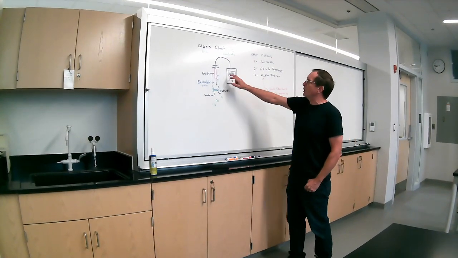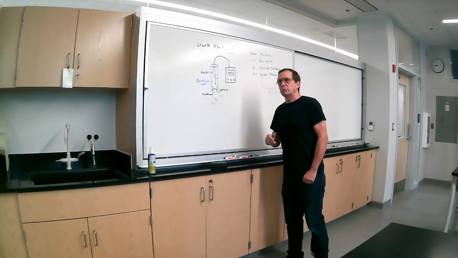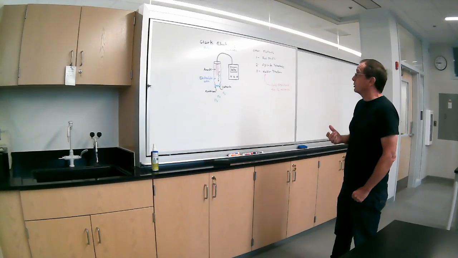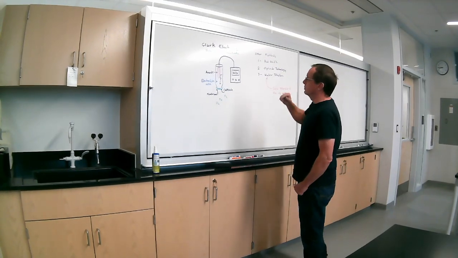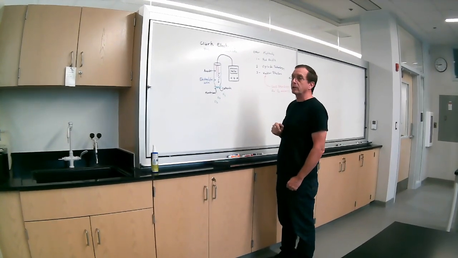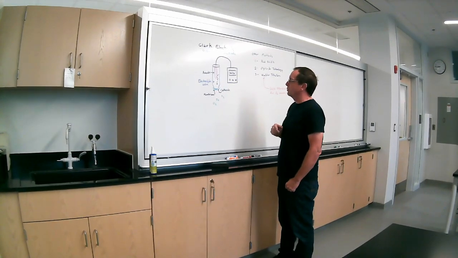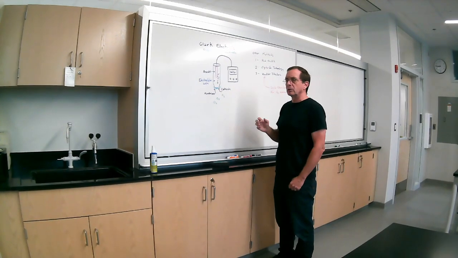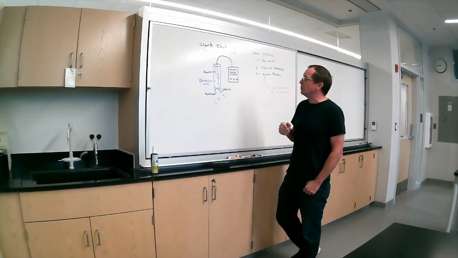So this is kind of a schematic. They're called the Clark electrode, named after Clark, who built the first one. But the other title that you'll see associated with that is polarographic electrodes. The way these things work is relatively simple.